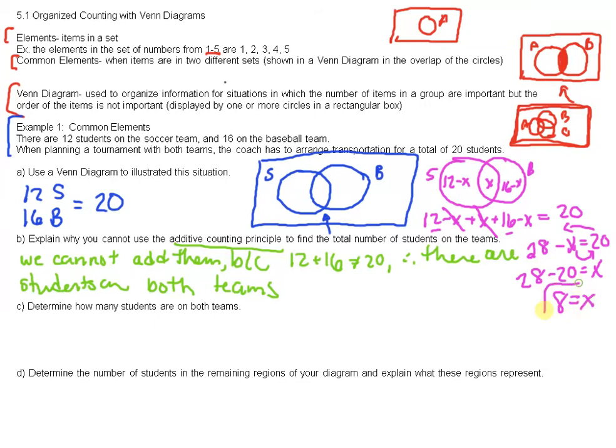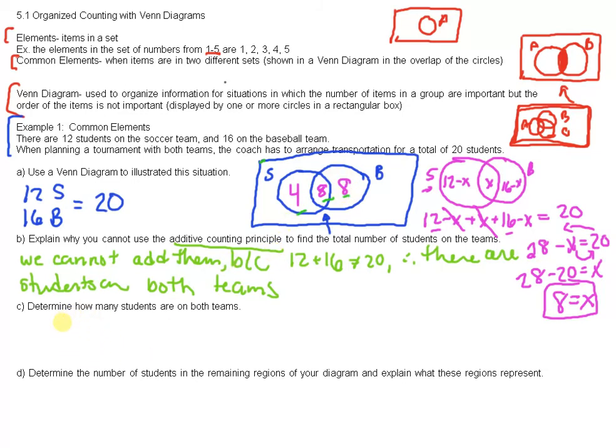So I get X equals 8. So in the middle here, we have 8. Then if we do 12 minus 8, we have 4. And then we do 16 minus 8, and we have 8 again. So if we think about it, 4 plus 8, 8 is 16, 17, 18, 19, 20. There are 20 elements in the entire set of students going to this tournament.